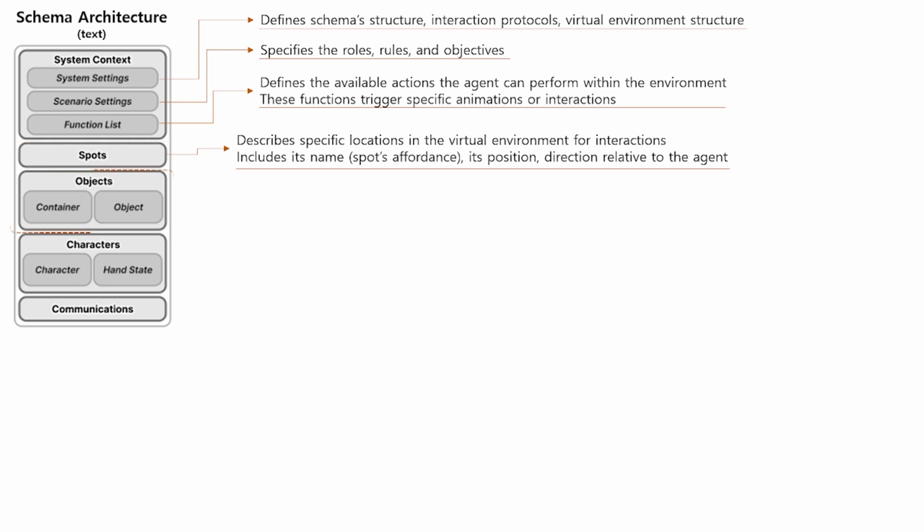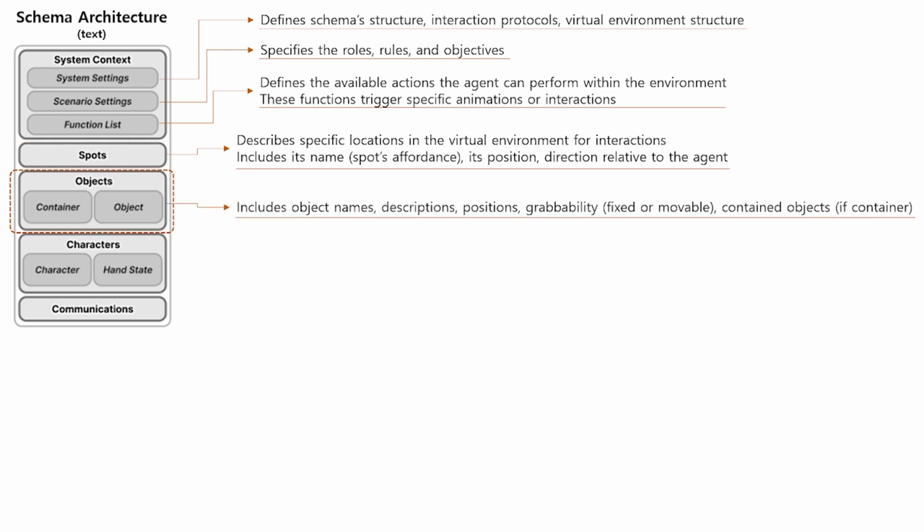The object components consist of two types, objects and containers. Containers are a subcategory of objects which can hold other objects. Each object element includes object name, description, position, and grabbability, which defines whether an object is fixed or movable. If an object is a container, it also specifies the objects it contains.